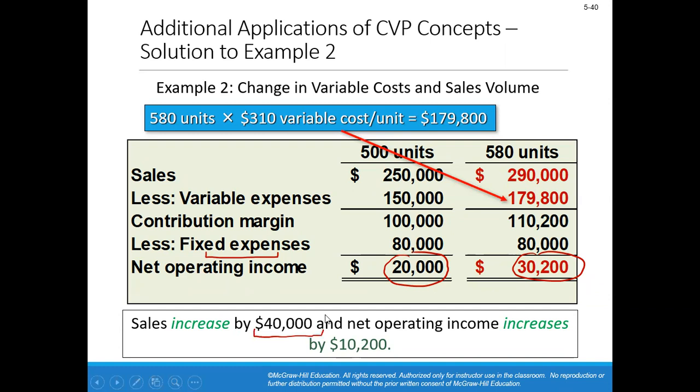Now, is it good to use the high quality raw materials from this analysis in terms of profit? Is it a good idea compared to the previous scenario? So in this case, you can do this, okay?